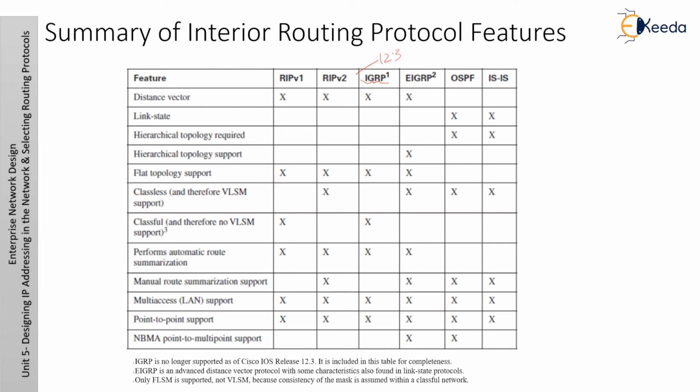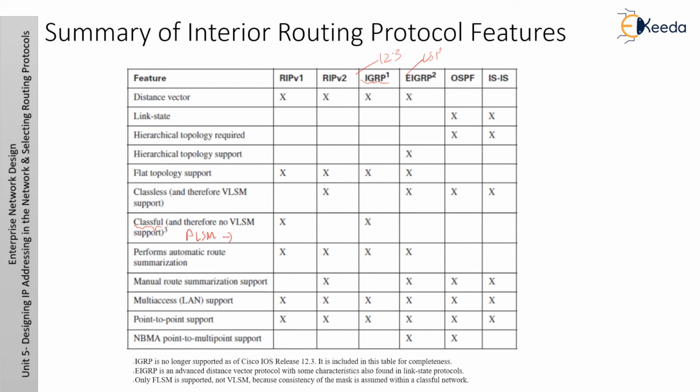Now come to the EIGRP protocol. It is an advanced distance vector protocol with some characteristics also found in link state protocols. Come to VLSM, so only FLSM is supported in some cases where we use classful. Classful is support of FLSM, fixed length subnet masking.